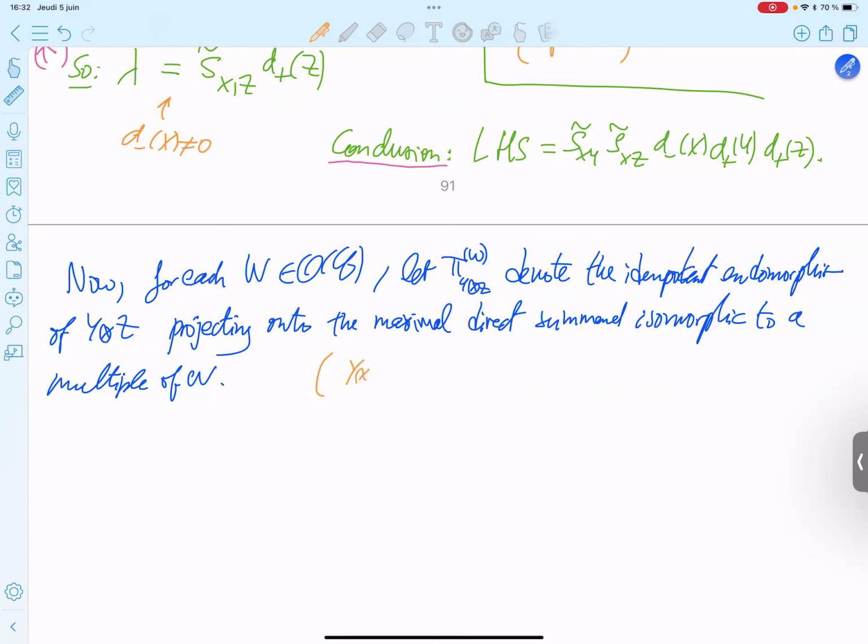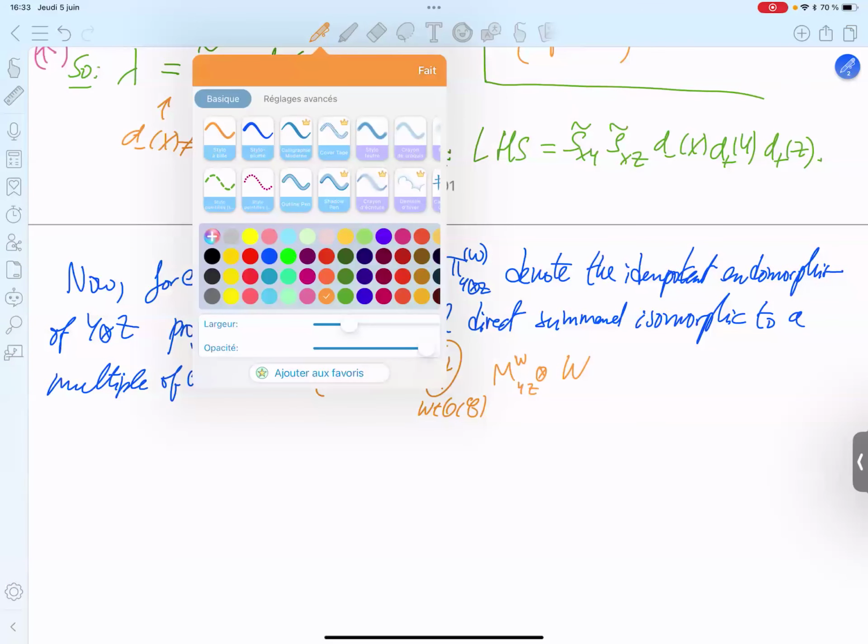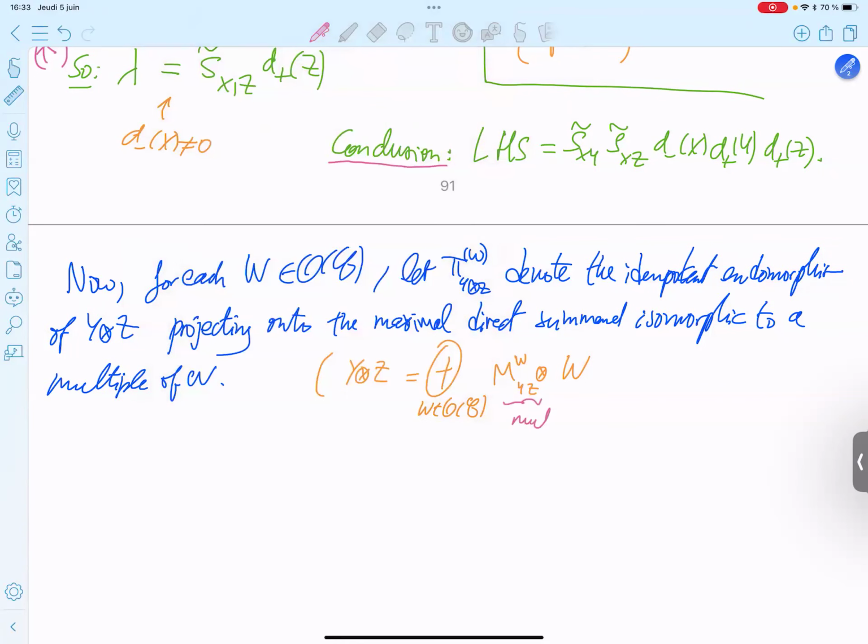So right answer C equals direct sum W C of W. Or let me write it with multiplicity space: M Y Z W times W. This is the multiplicity space.